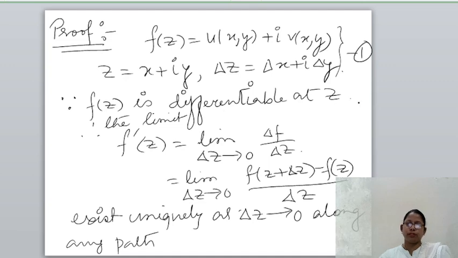As the function is differentiable, this limit exists independent of the path. Call this equation 2. Next, using 1, this definition of the function.